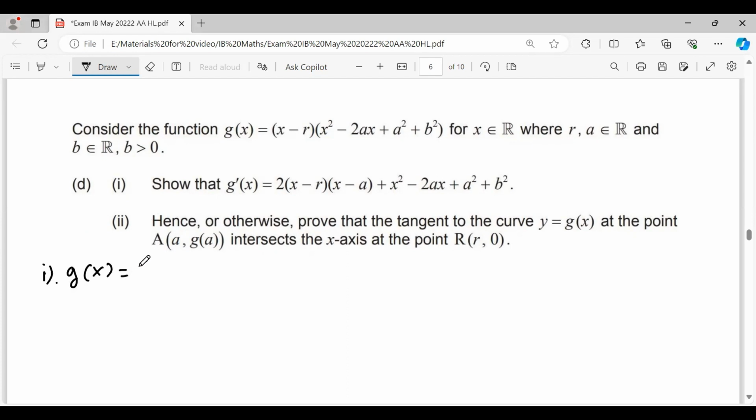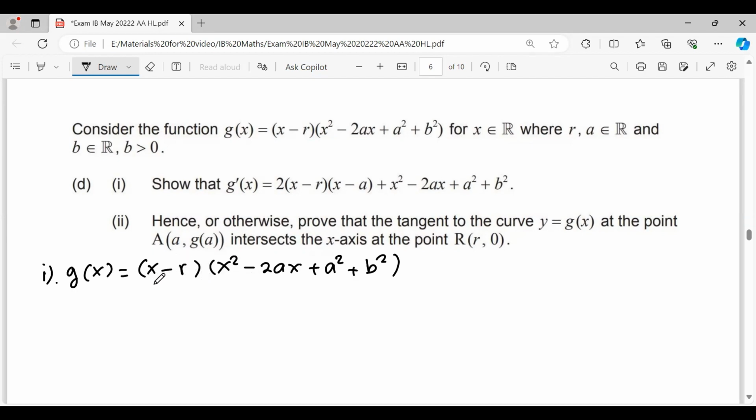g(x) equals (x minus r) times (x squared minus 2ax...). We're going to find the derivative of this function.